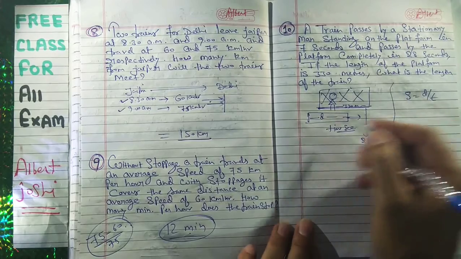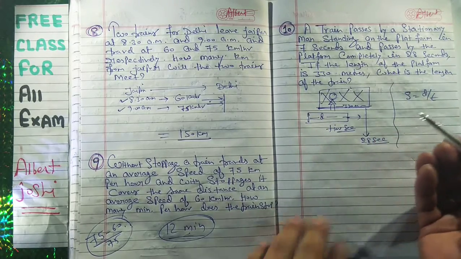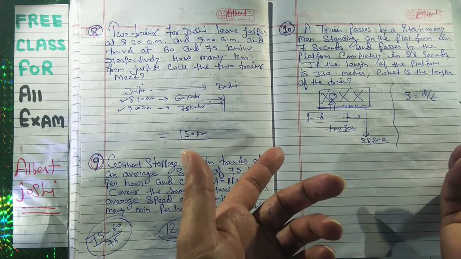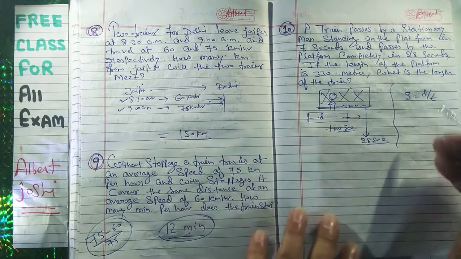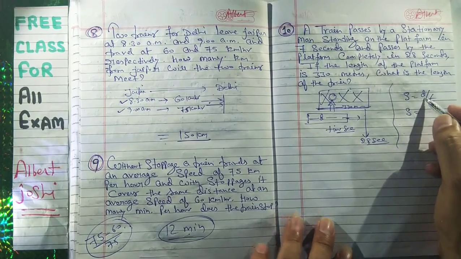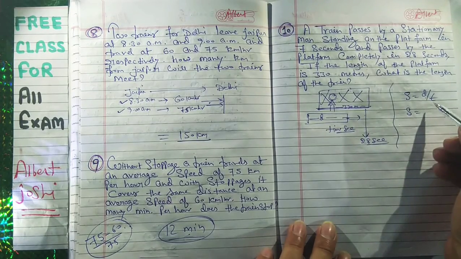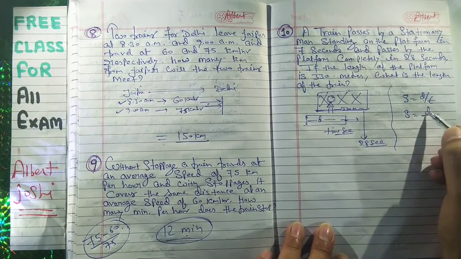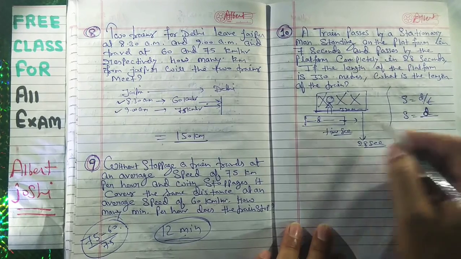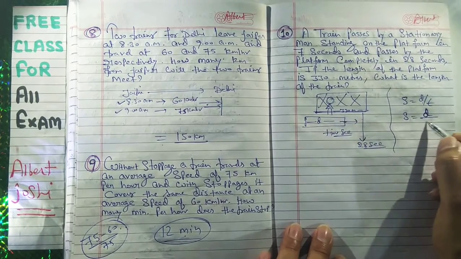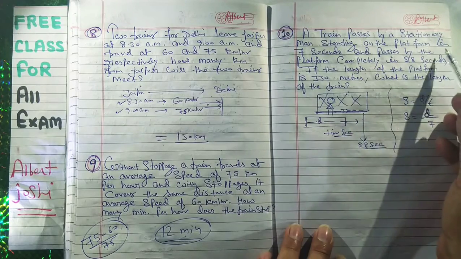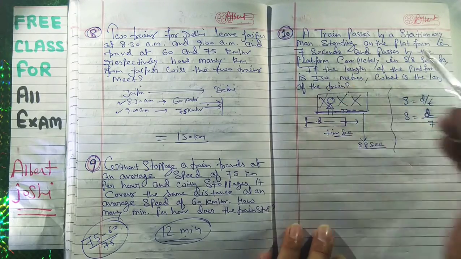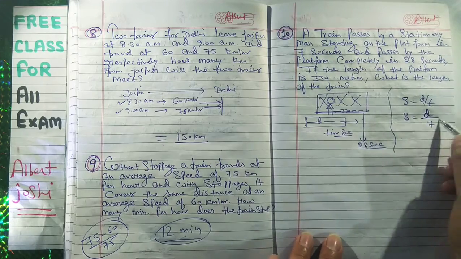I don't know the speed of the train, he has not given us the speed of the train. Speed is equal to distance, and distance will be the train length. And time I know, that is 7 seconds. It is taking only 7 seconds to cross the man. So this is your equation number first.